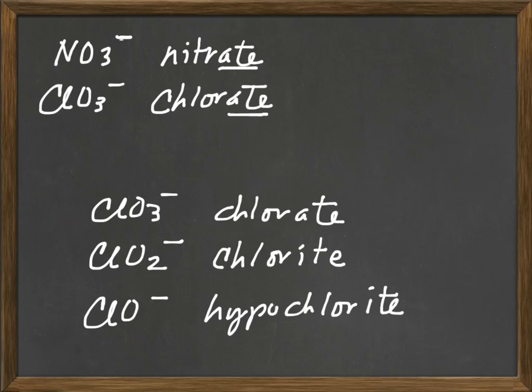There's a pattern here. Okay, so you memorize this one, and then you learn the pattern, and you also know a whole bunch of other ones. Then there's also one that's got more oxygen. There is ClO4- and that one is called perchlorate.